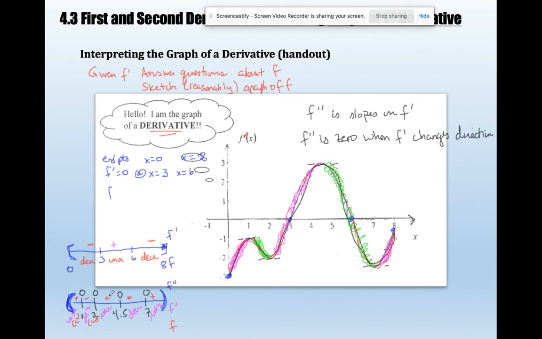When the second derivative is positive, the first derivative is increasing, and the original is concave up, and so on and so forth. I think if you can look at that and see that that is true. Sorry, F is the graph you can't see.